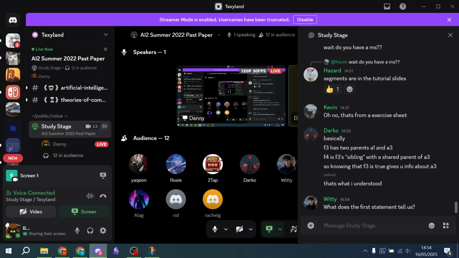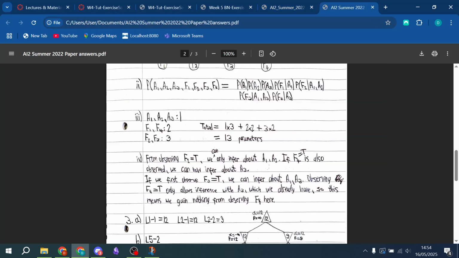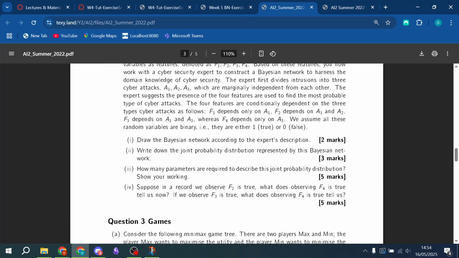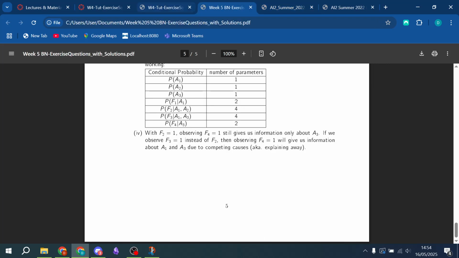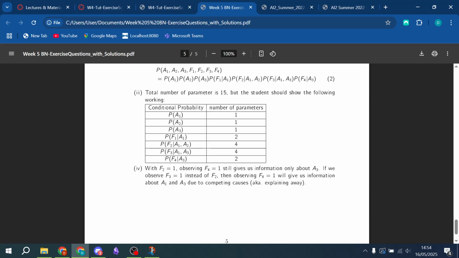First statement. So, sorry, where was it? If F2 is true, then observing F4 is true. The answer is observing F4 will just give information about A3.